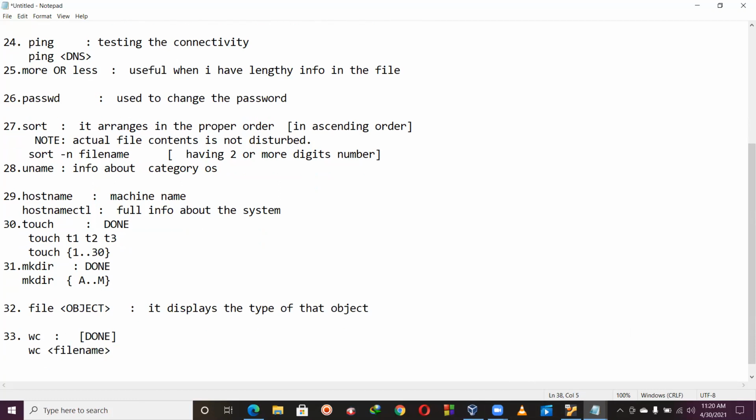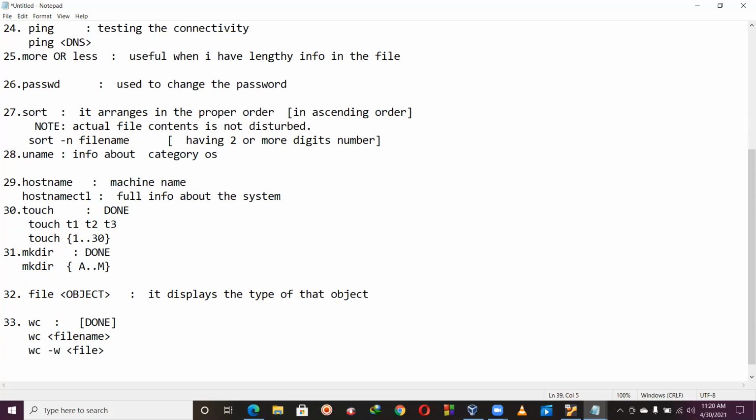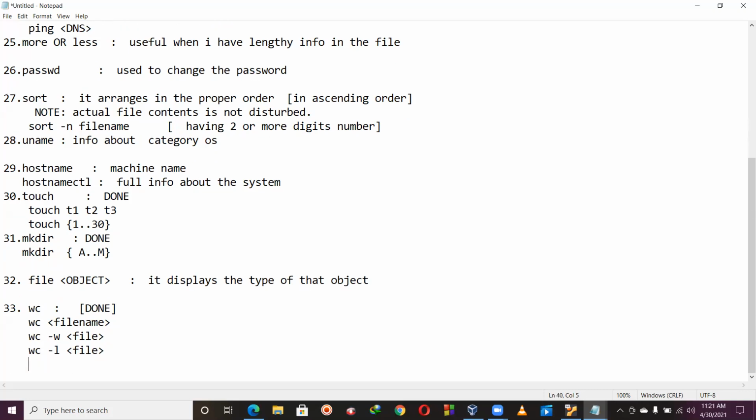But here it also counts. You can use wc -w file name. Also you can use wc -l file name. Also you can use wc -c. It is common sense, can you answer? Very simple.